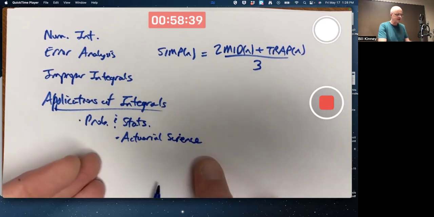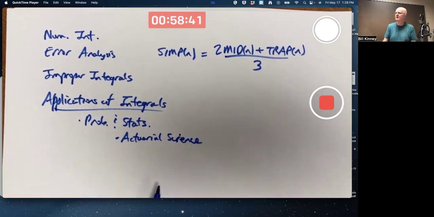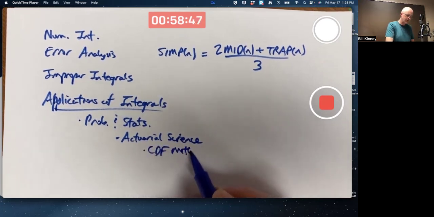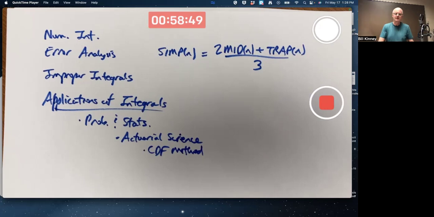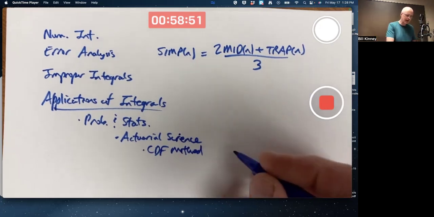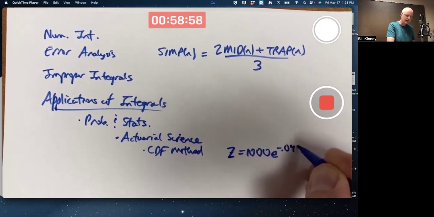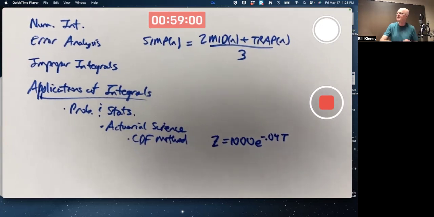We applied it to actuarial science. We were thinking about random variables using the CDF method. For what goal? To find the CDF of a transformed random variable. Z is, for example, a present value of a future $1,000 payment.